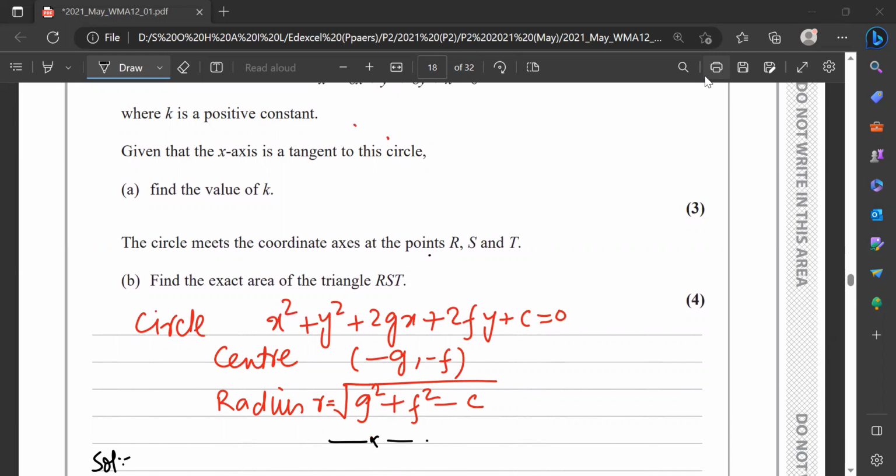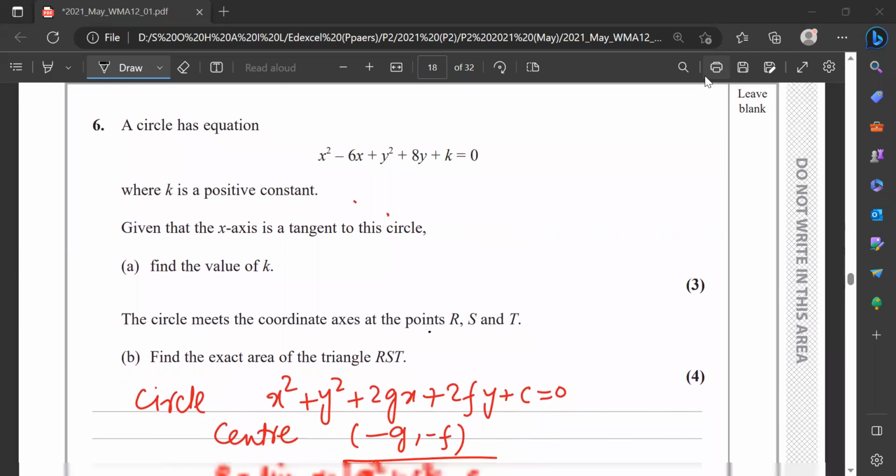Minus g is the negative of half of the coefficient of x, which is 2g. So you can equate the coefficient of x to 2g and the coefficient of y to 2f, and in this way you can find f and g, and c is the last constant. You can use these values in the two formulas for the center and the radius to find the center and radius for any circle.